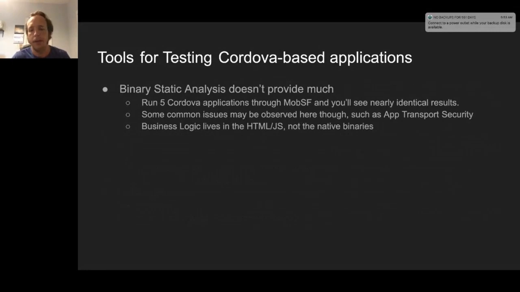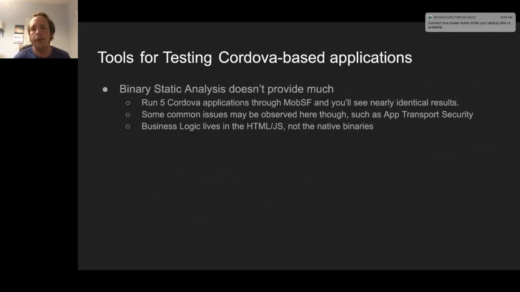It'll look at the binary API calls that the application is doing, and it'll give you some red flags. It'll also pull out some sensitive information, like if it finds API keys. It's a great tool, but it's really designed for native applications. It's designed for all the business of the application to be in those native binaries.